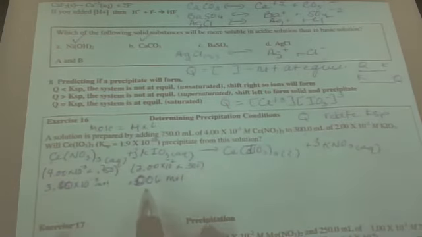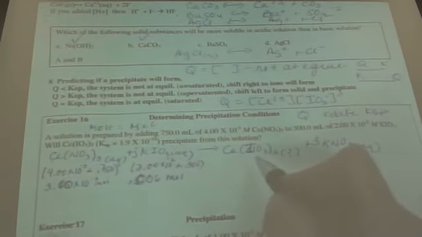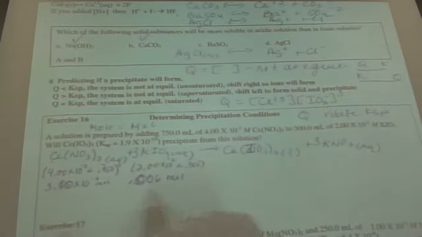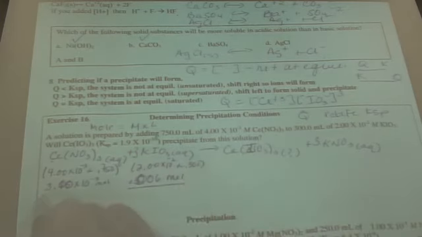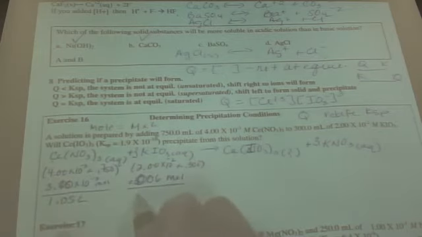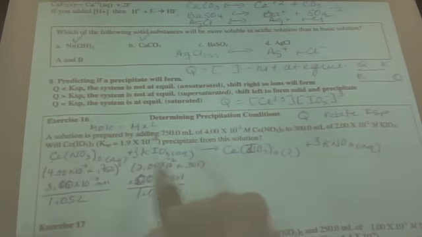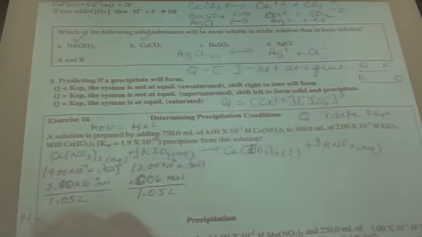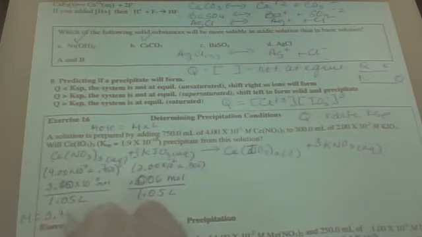So that's how many moles we have, and in order to put it in a Q, we need to know the molarity. So if this is the number of moles, I need to know the total amount of solution. The total amount of solution is 1.05 liters. So the molarity then is equal to, now can I use 3.75 times 10 to the negative third?